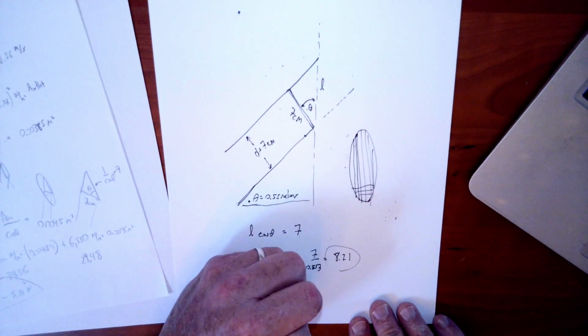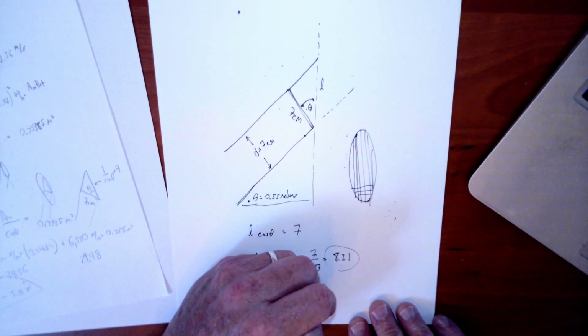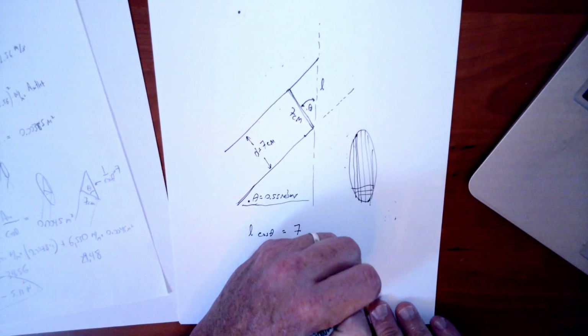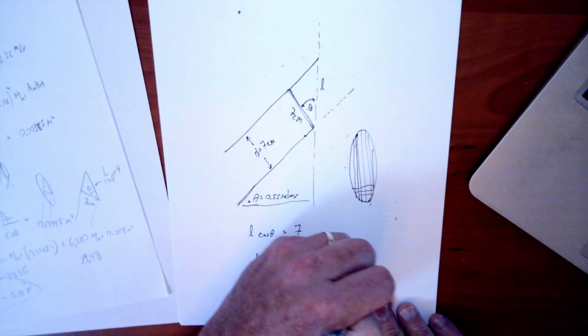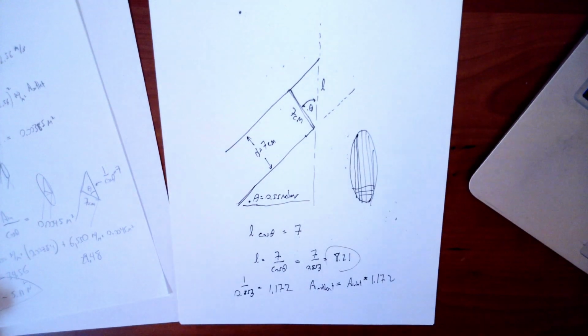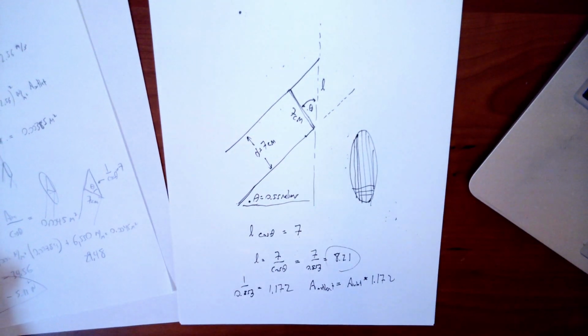So my total area for the outlet is equal to the area of the inlet, which is the circular area, times that 1.172. All right, so that's my outlet area, not the same as the inlet area. So my inlet area was 0.00385.